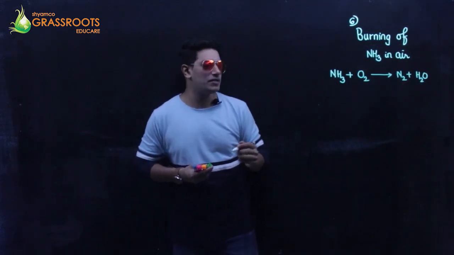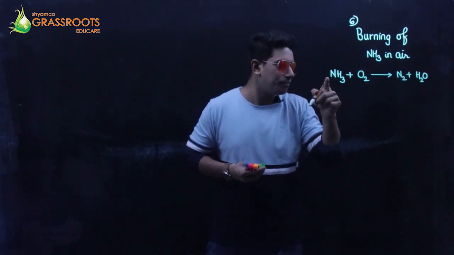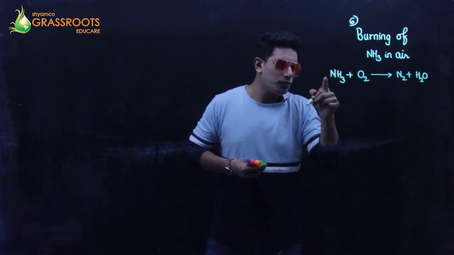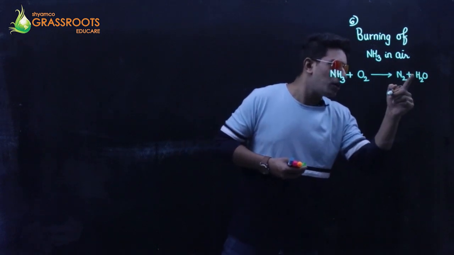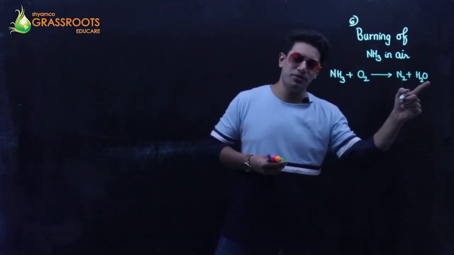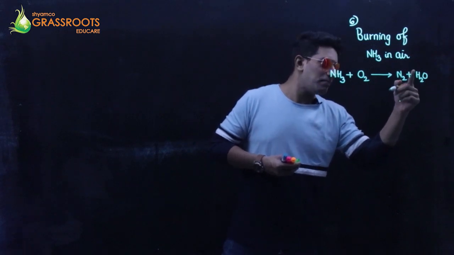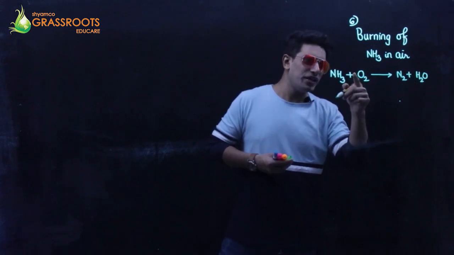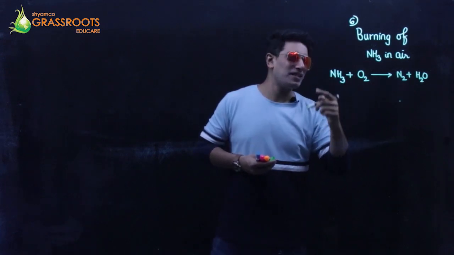First let me balance this. 2 nitrogen, 1 nitrogen, so ideally there should be a 2 out here. If we make a 2, 3 twos are 6 hydrogen. We can make a 3 out here. But 3 is an odd number for oxygen. So if I double the 3 and make a 6, 3 times 4 is 12 hydrogen, 4, 2. That's how you get it.